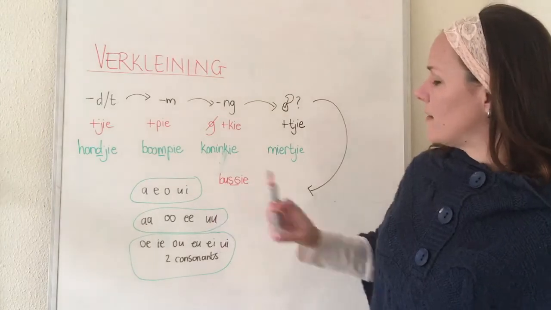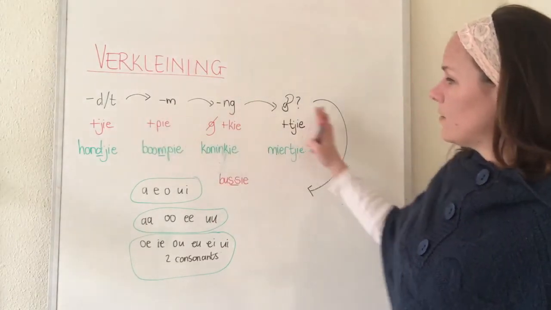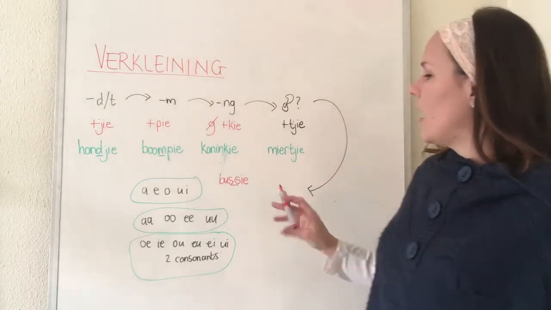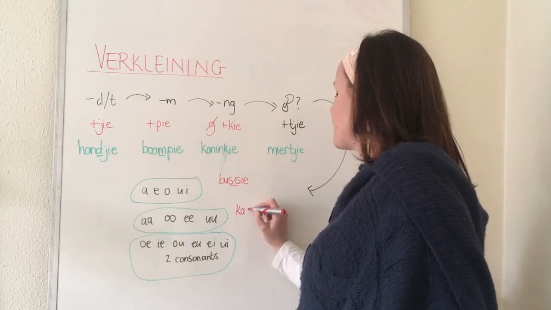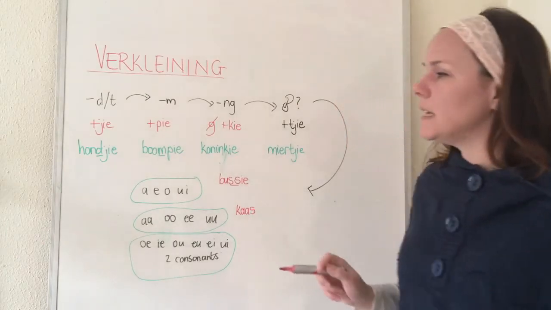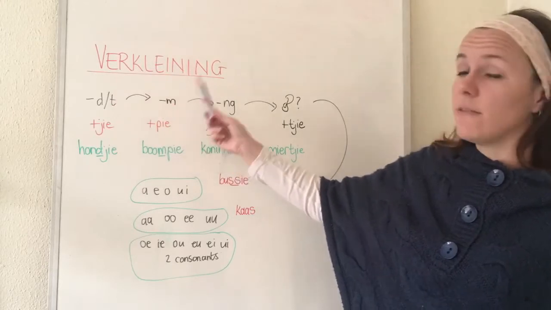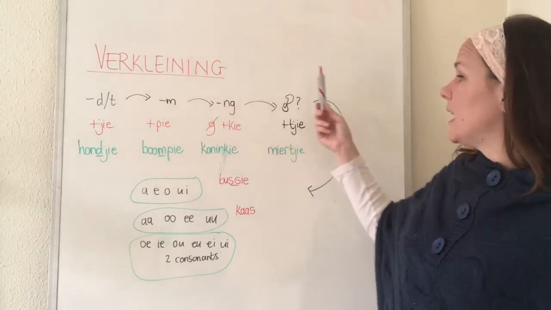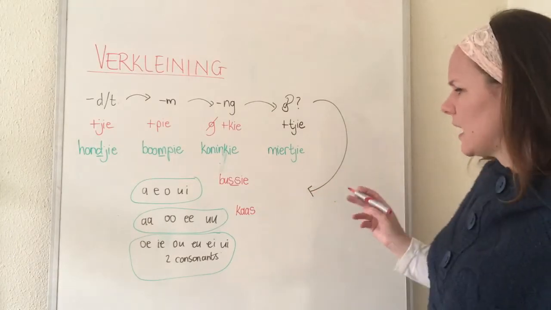Okay, next we have the twin vowels. So remember, we only do this if none of those rules apply. Now I have a twin vowel like kaas. Kaas is cheese. It doesn't have a D or T at the end, doesn't have N, doesn't have NG at the end, and it doesn't sound right to say kaski. Kaski doesn't sound right.